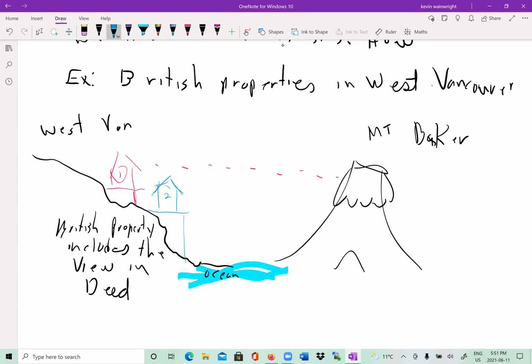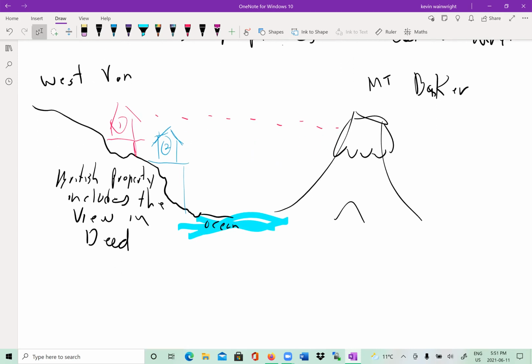So the view becomes part of the property right. So now house number 1 will never have a house number 2 built that blocks its view. That greatly increases the value of house number 1.